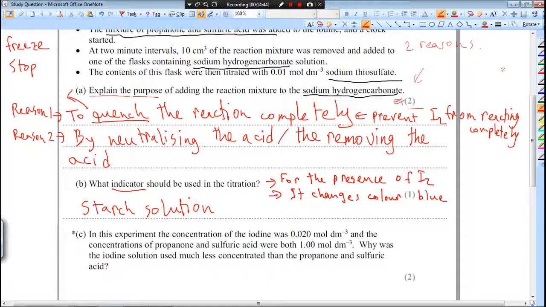For a small presence of iodine, we will get a significant color change.